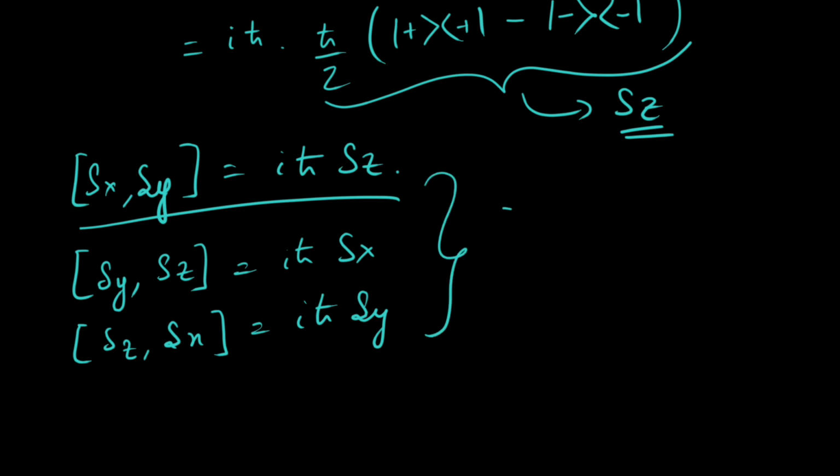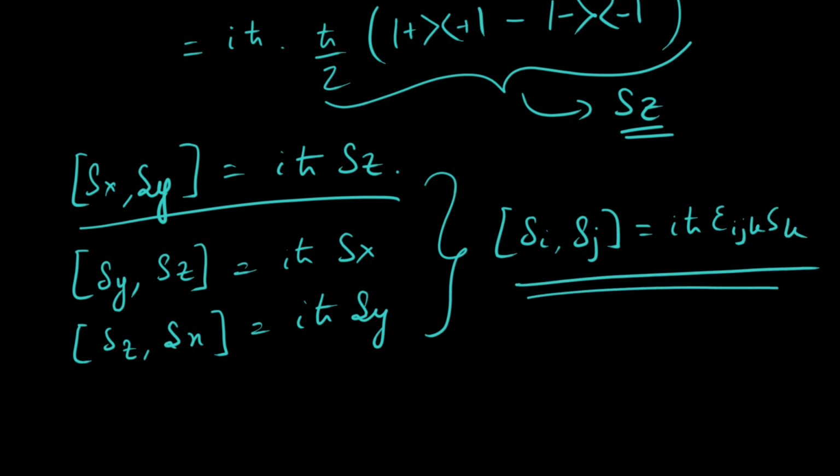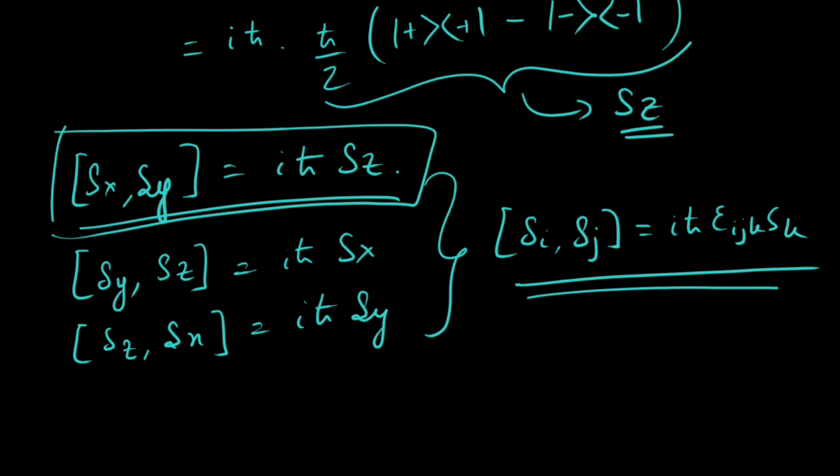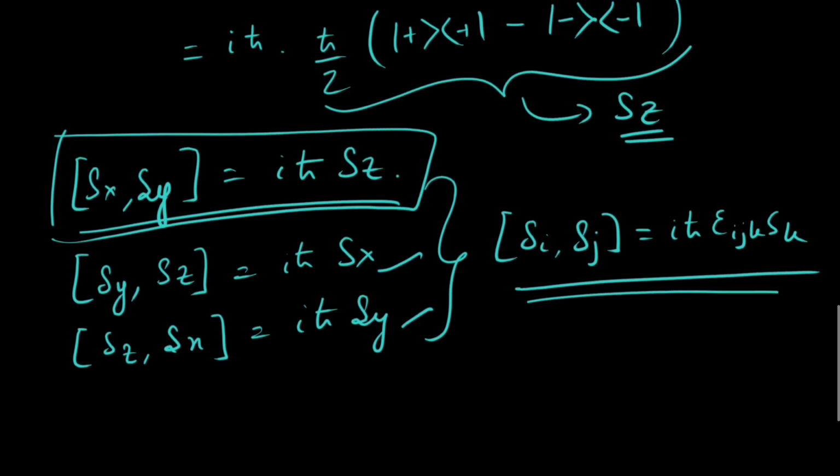If we write it in a condensed form, we can write it like Si comma Sj is equal to i h bar Levi-Civita symbol ijk Sk. So I have done it for this. You can check for these two, it does hold. You just have to plug in the orthonormality condition and calculate it. It's very easy, so I hope you can do it.